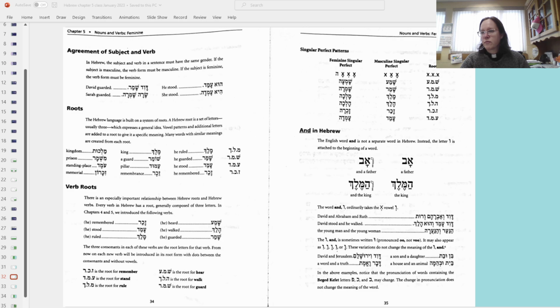For example, the root letters for remember is Zain, Chaf, Resh. And we have for hear is Shin, Mem, Ain. For guard, it's Shin, Mem, Resh. And for stand, we have Ayin, Mem, Dalet.